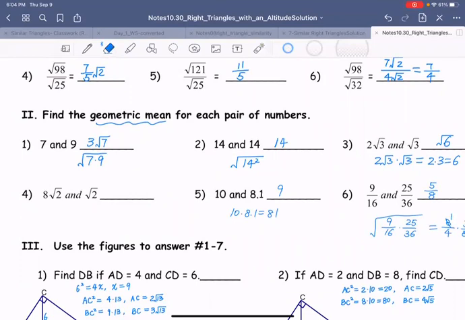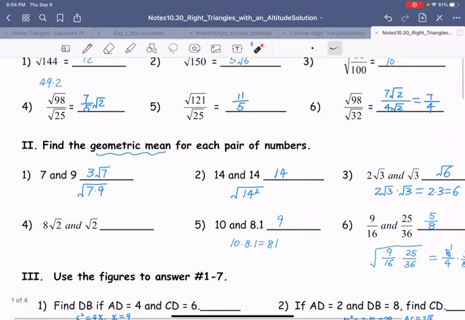Okay, then this one, number 4. Angela, I'm going to explain what's this geometric mean. We learned about the geometric sequence, correct? Yes. Geometric sequence is saying this. You have number 1, and then you have 4, and you have 16.